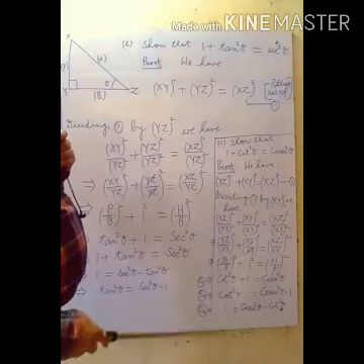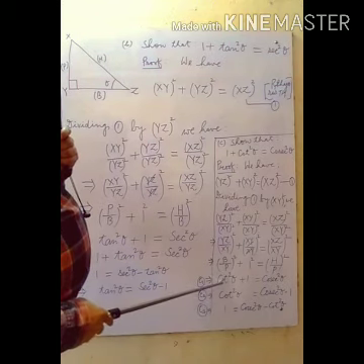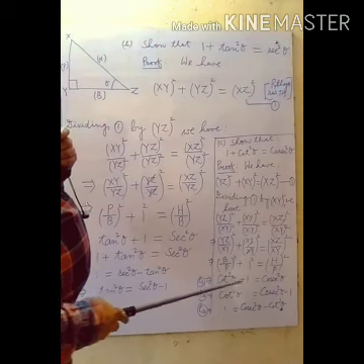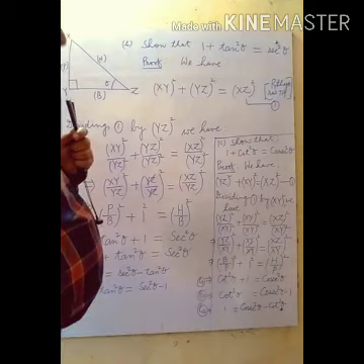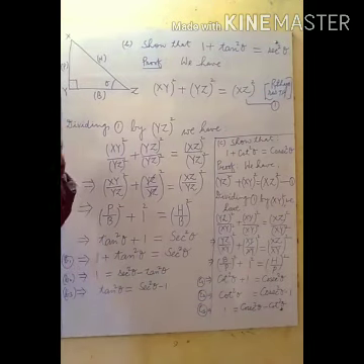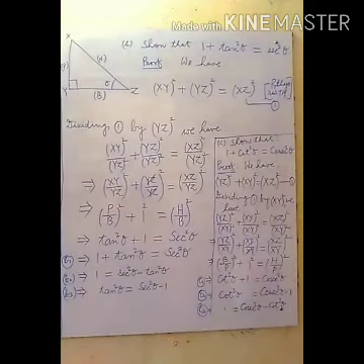And all these results are derived from the basic identity number three, that is 1 plus cot square theta is equal to cosec square theta. And all these identities are very helpful while solving or proving this type of problems, and they are very useful while we are going to solve trigonometrical identities.